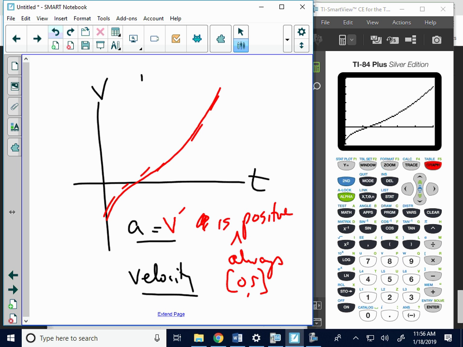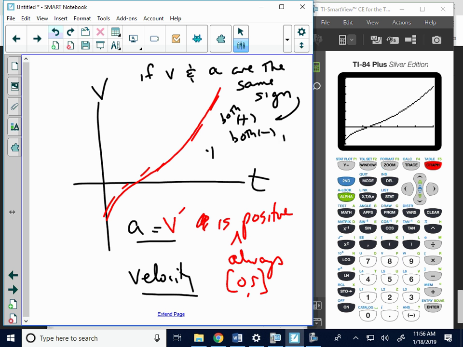If velocity and acceleration are the same sign, by same sign I mean both positive or both negative, then we have a speeding up scenario or situation. Speeding up.